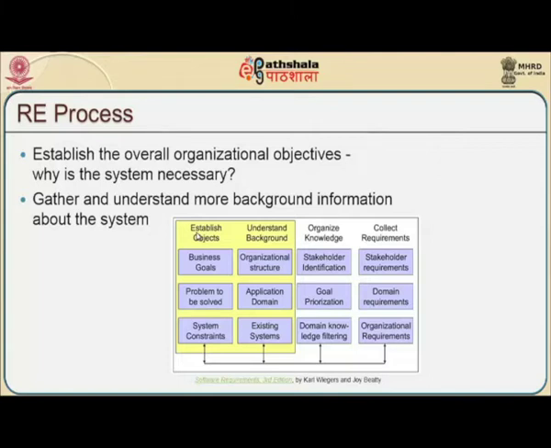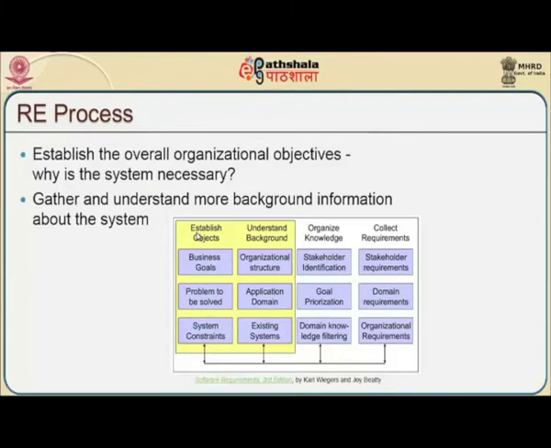So after we complete this organization of knowledge, we may have to go in for collecting the different requirements. So requirements from various phases, like we will collect requirements from the stakeholders, we will collect requirements from the domain, we will have organizational requirements also. So these kinds of requirements are adopted from different phases.